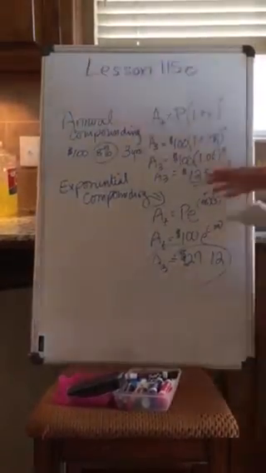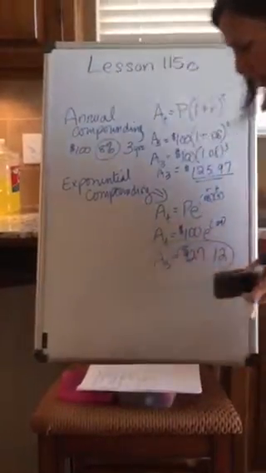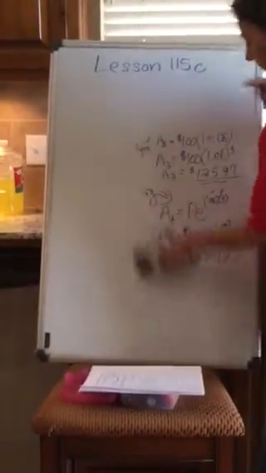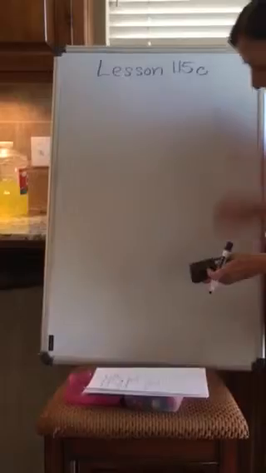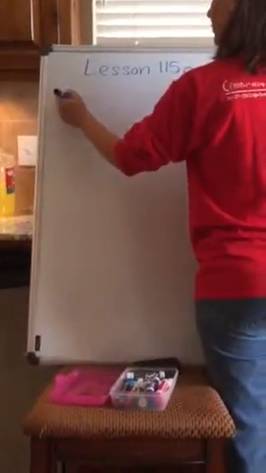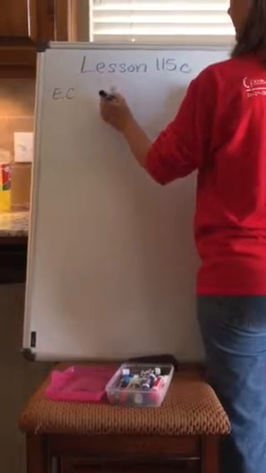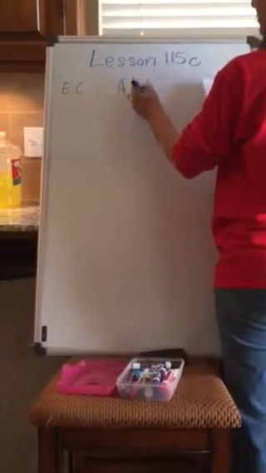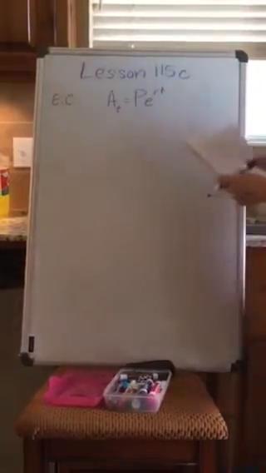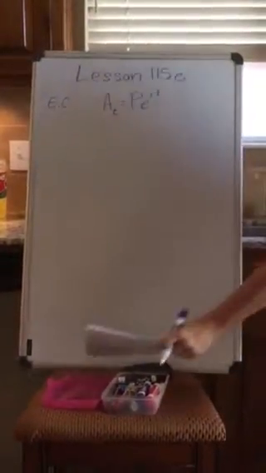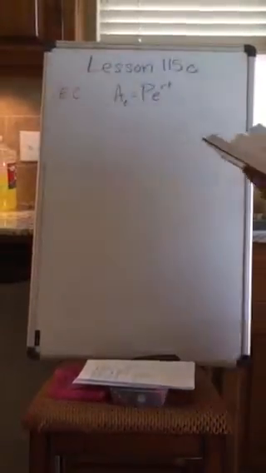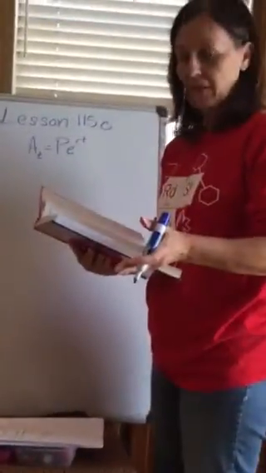Now, let's look at exponential compounding and practice problem 115.4. So I'm going to rewrite my formula for exponential compounding. It's the amount over time equals the principal times e to the rate times the time. In 115.4, it says Roger deposited $5,000.